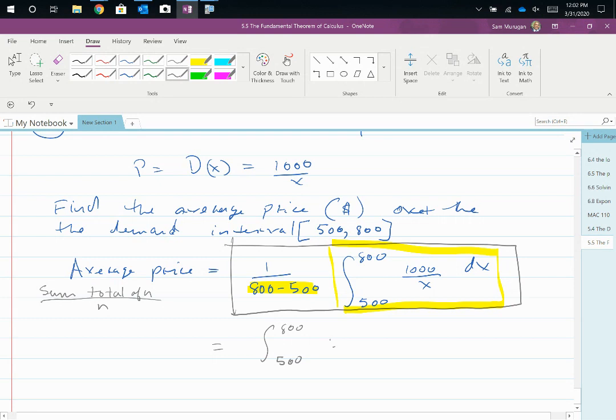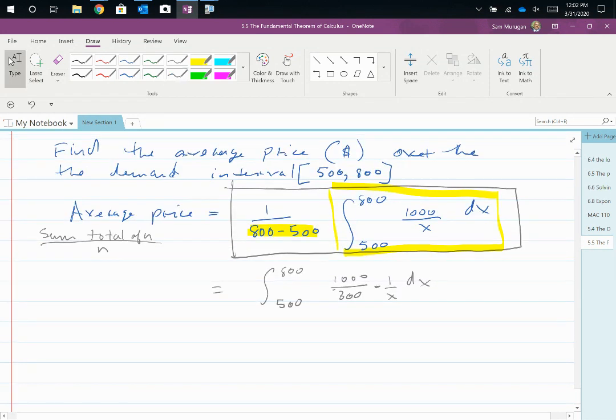I'm trying to see how I can make this as easy as possible. 1000 over 300 times 1 over x dx, which is integrating from 500 to 800 of 10 over 3x dx.